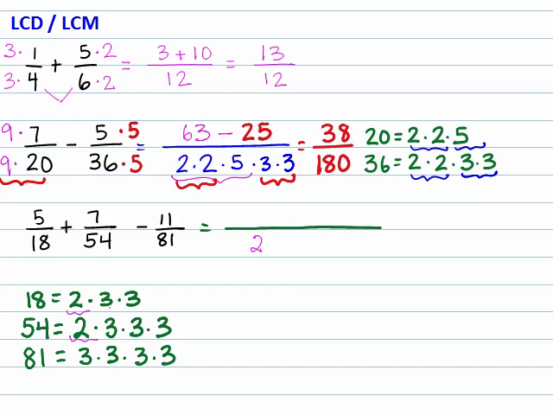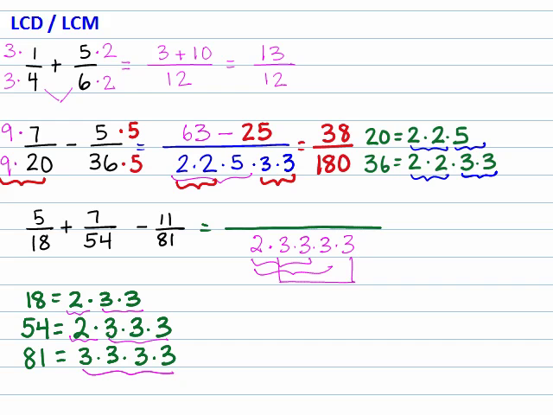And I need to have 3 twice, 3 times, and 4 times. So I'm going to have 3 four times. If I have 3 four times, the number 18 is part of the least common denominator. It's right here. The number 54 is part of the least common denominator. It's right here. And 81 is part of the least common denominator. And it's over here. All the denominators are factors of the least common denominator.